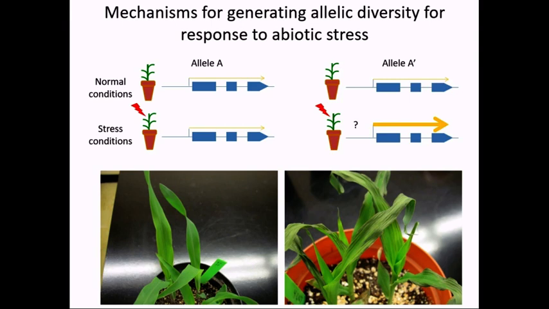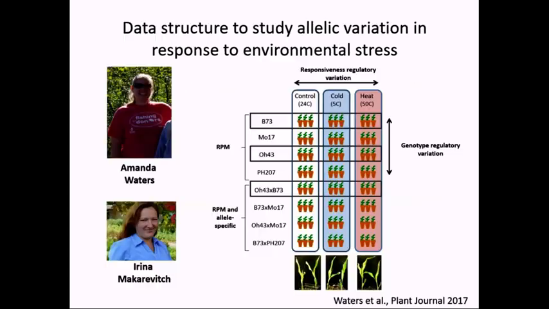What molecular change could happen to a promoter to give you responsiveness? So how do you create novel regulatory variation? I was interested in how often does this arise and what are the mechanisms? How do you create expression novelty? So former graduate student Mandy Waters and a visiting scientist Irina Makarevich started this project that was really designed to look at how often do I get expression novelty.